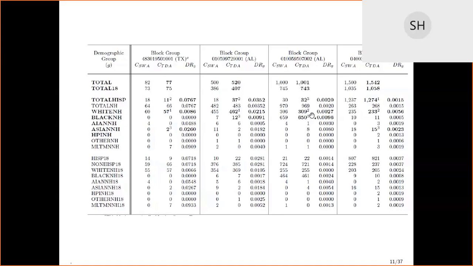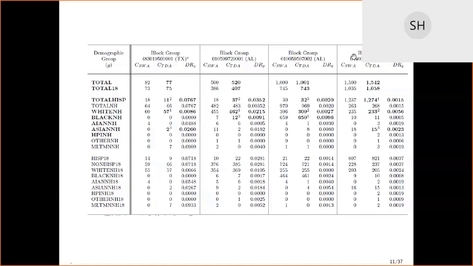The second largest is white non-Hispanic, and the third largest is total Hispanic. The corresponding difference of ratio here for the largest demographic group is 0.0096. I apologize for the size of these, but I hope these are okay. If you get a copy of the report, that will be fine.